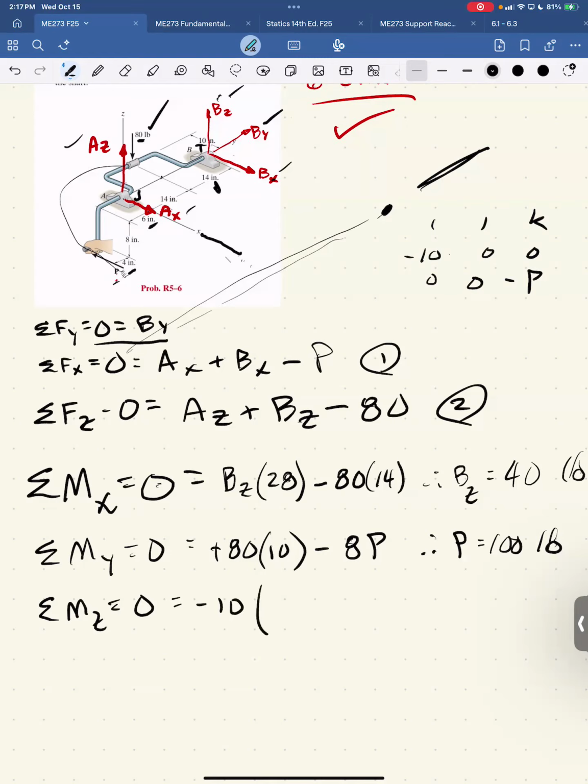This is P. Minus, and then about the z-axis, BY passes through the z-axis, BZ is parallel, so it's only BX that has a moment, and it's 14 plus 14 or 28, and it wants to go counterclockwise, so it's minus 28 BX. Therefore, BX is minus 35.7 pounds.